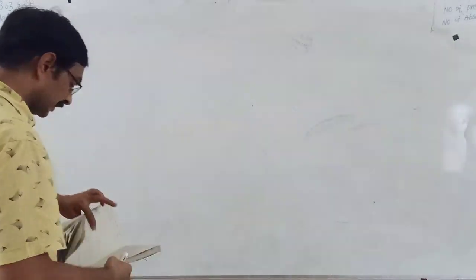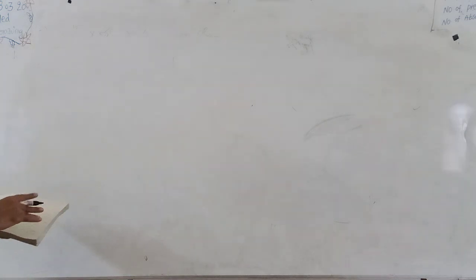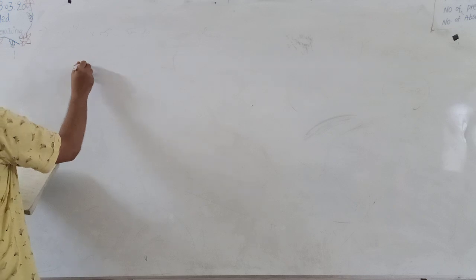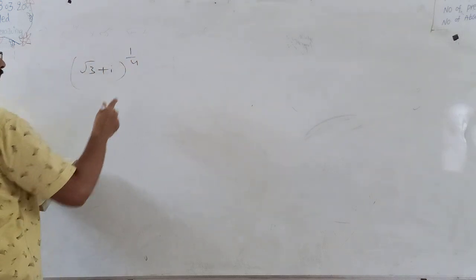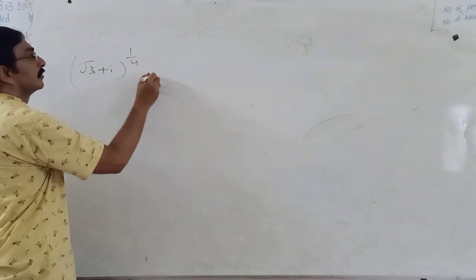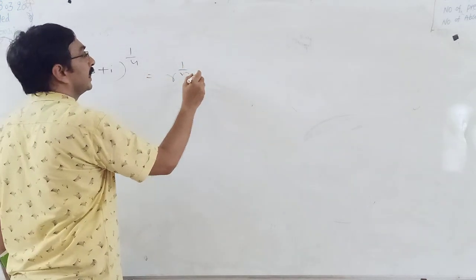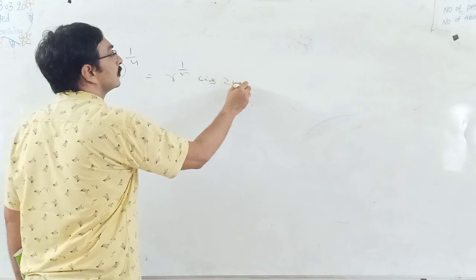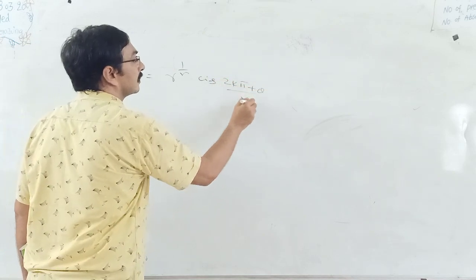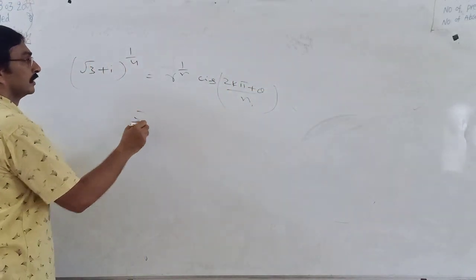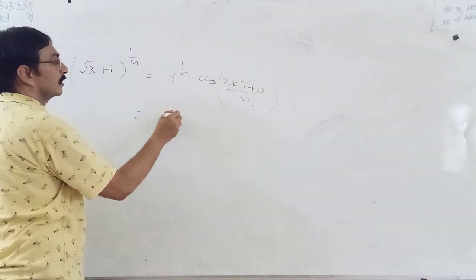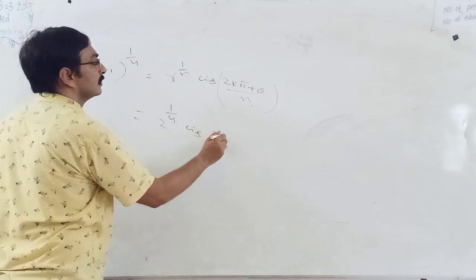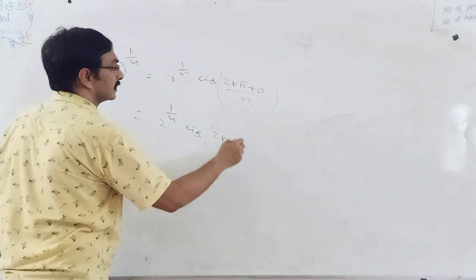Now see the problems related to that. Just two problems. Find the values of (root 3 plus i) whole power 1 by 4. Formula: r power 1 by n into cis of (2k pi plus theta) by n. The r value is root of a square plus b square, which is 2, so 2 power 1 by 4 cis of (2k pi plus theta) by n.